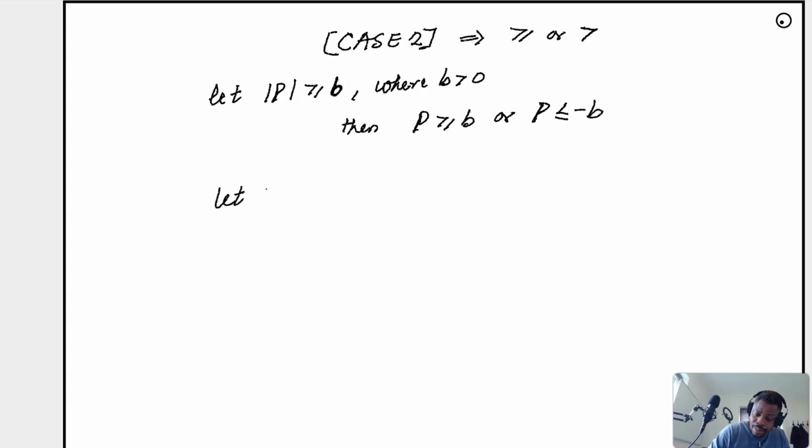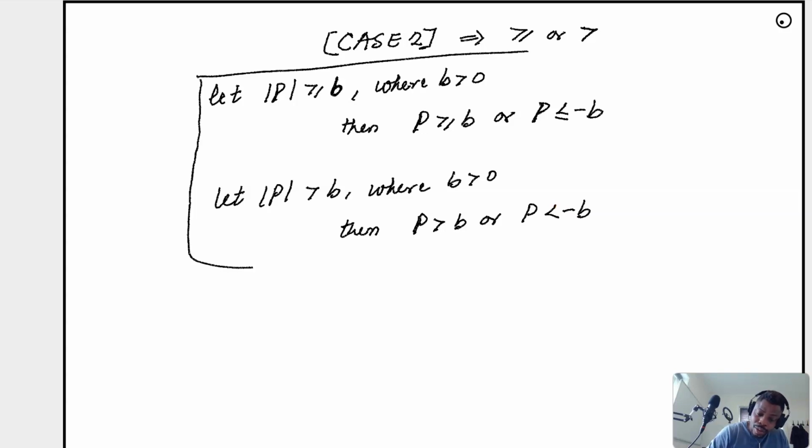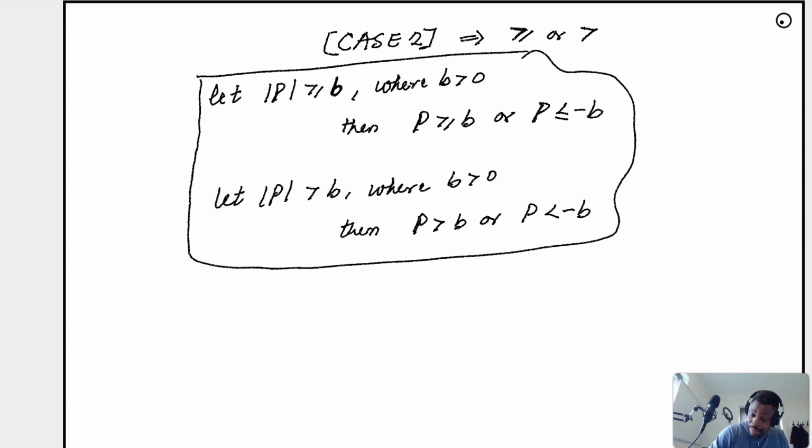So for this one, let modulus p be greater than b, where b is greater than 0, then p is greater than b, or p is less than minus b. Now, this is the rule we are going to apply when you have greater than or equals to or greater than.